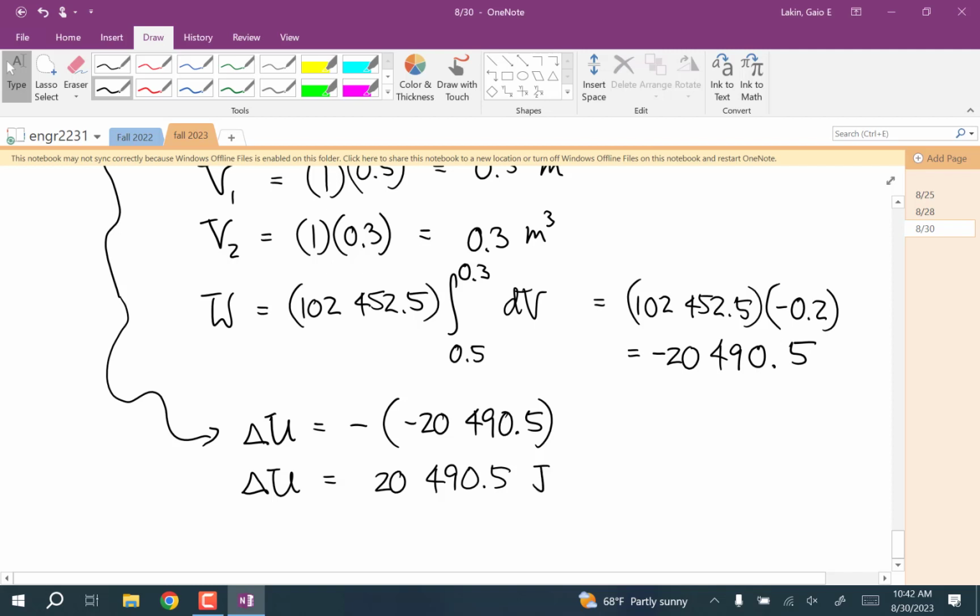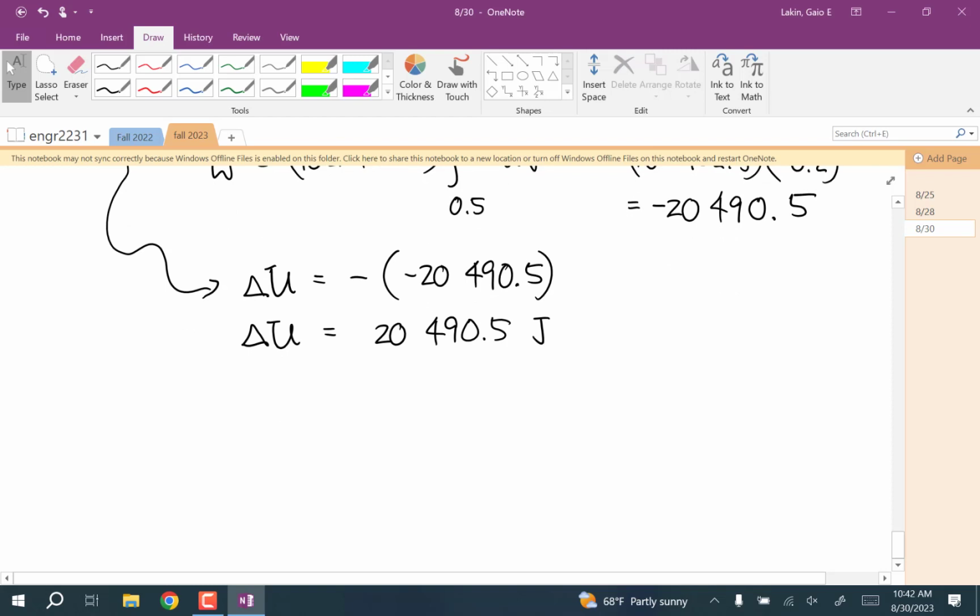Everything's in SI units, so this is joules. Then finally, we want specific internal energy change. So this is delta U divided by M. M was 1 kilogram, so this is 20,490.5 joules per kilogram.